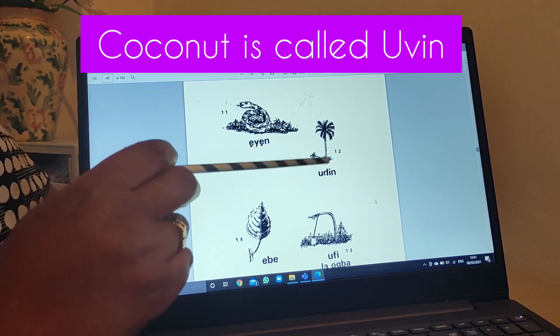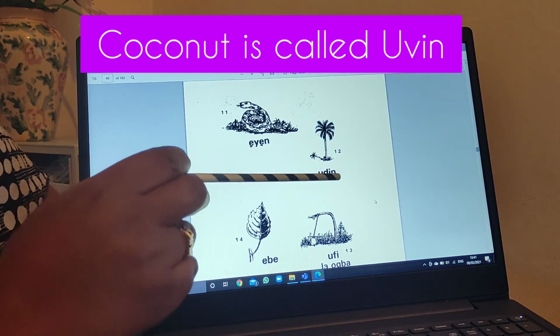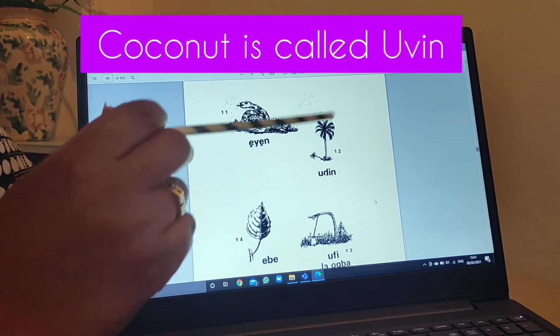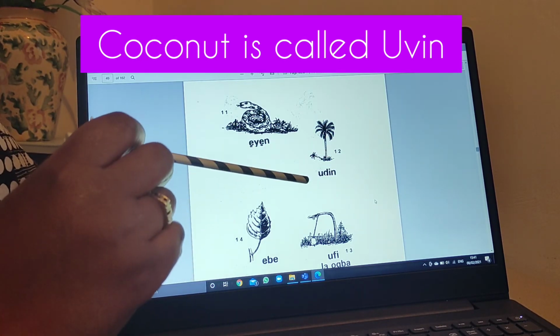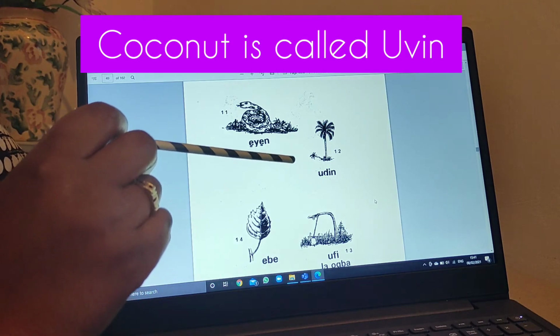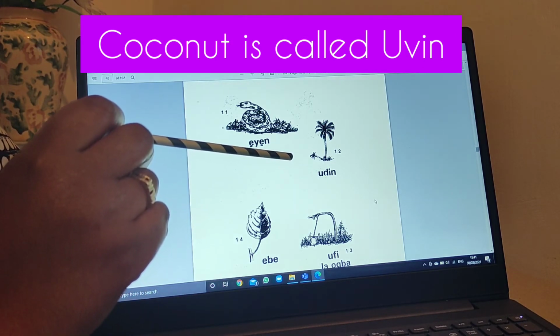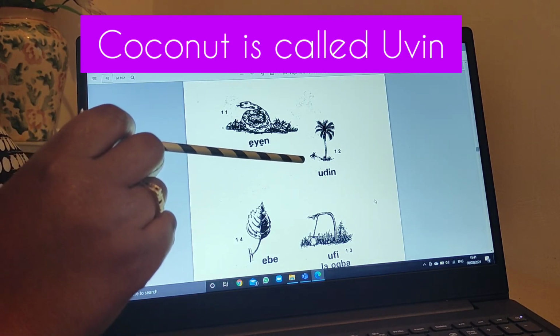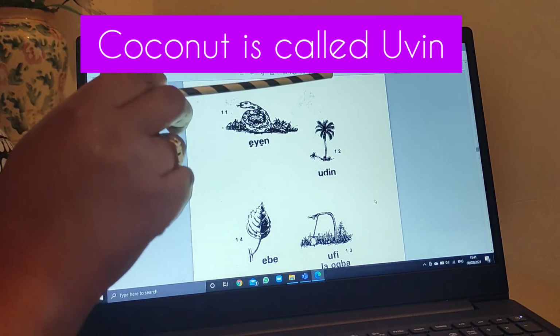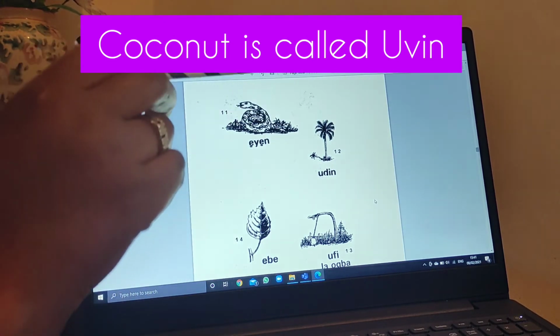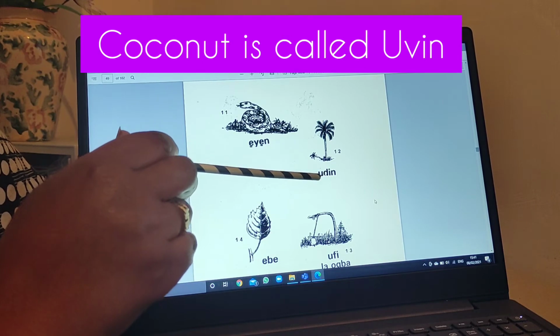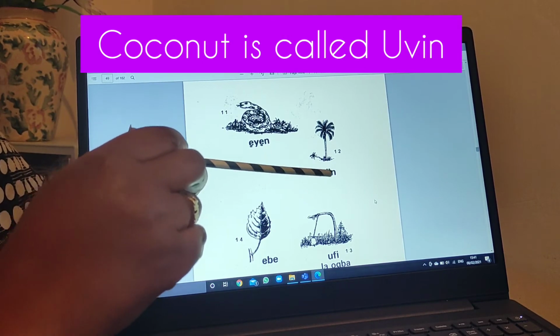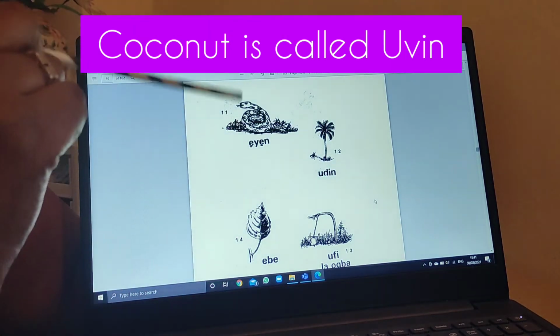Uvin in Esan is coconut, while udin is the palm tree. Uvin, which is just a V differentiating the two spellings, is the coconut.